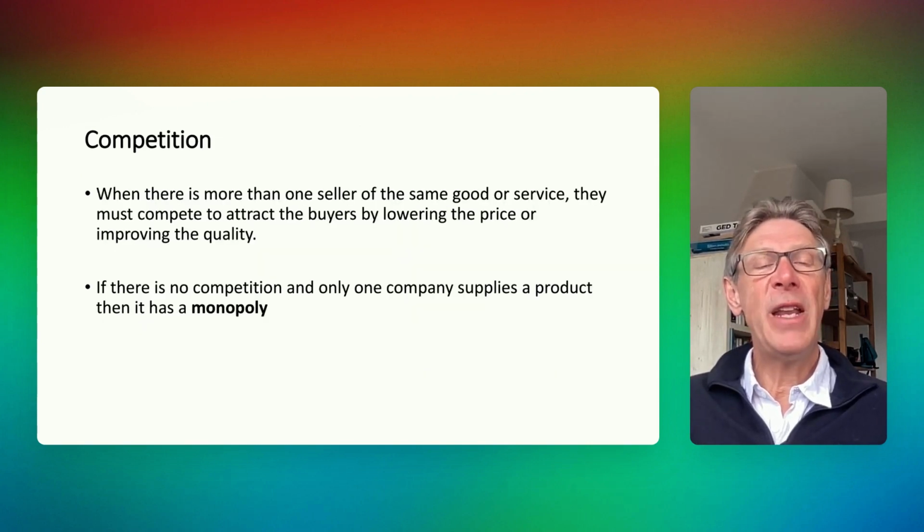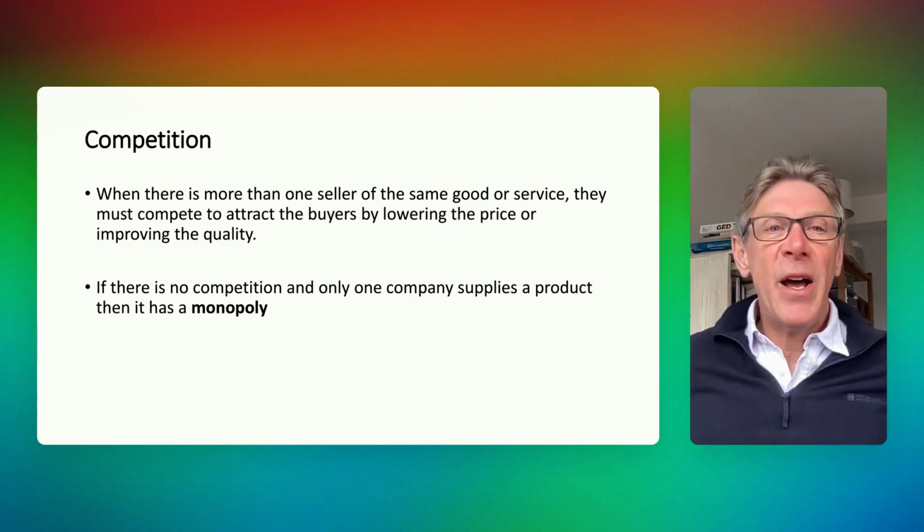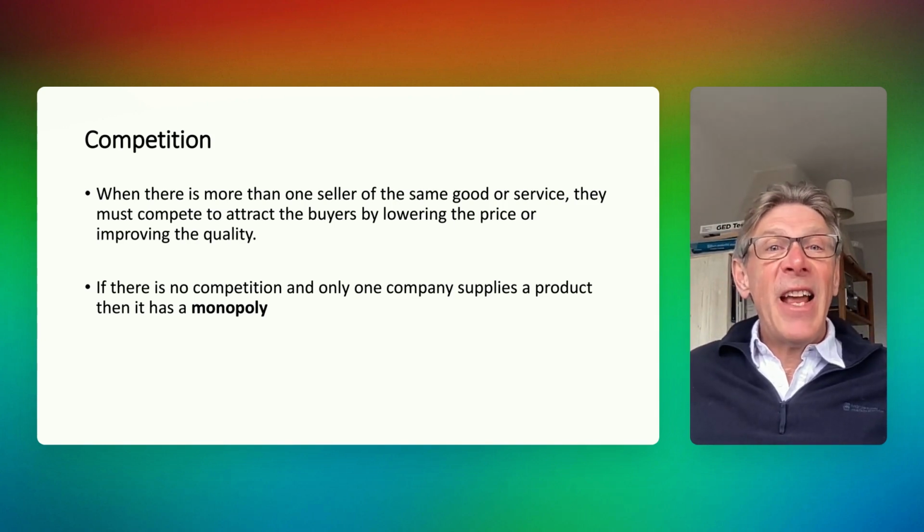When you're in a business, you always have to be aware of the fact that there's likely to be more than one seller. Not always more than one seller, we'll come on to that in a moment. But there's going to be someone else that's trying to sell shirts, maybe in the shop next door to you. And so you've got to compete to attract buyers by making sure that your price is low enough and your quality is high enough that they choose your business, not the other seller's business.